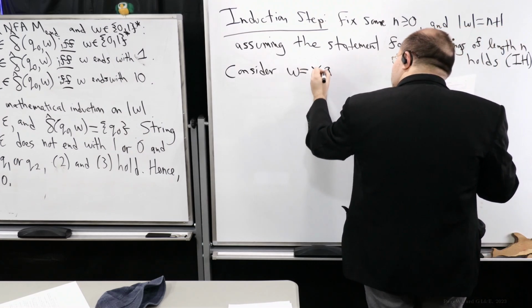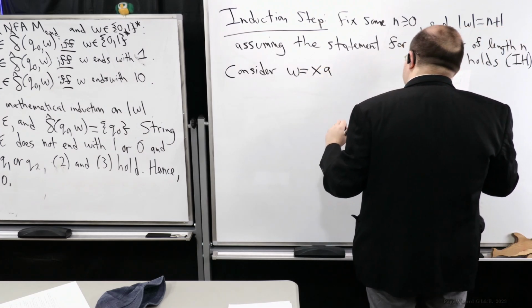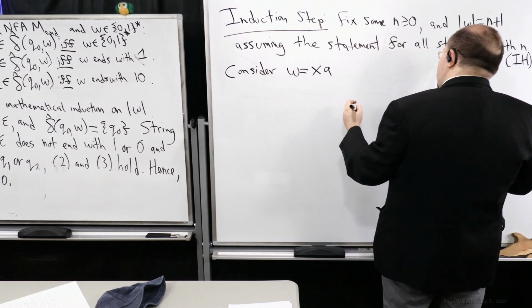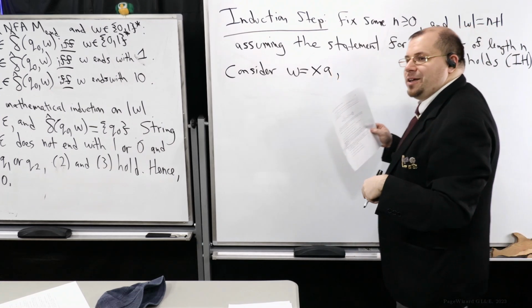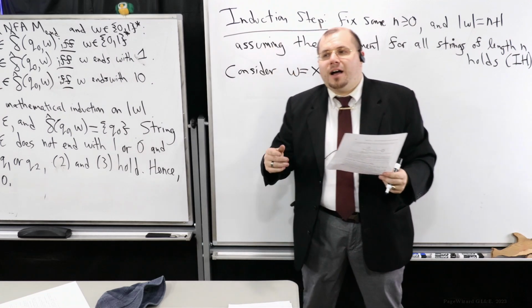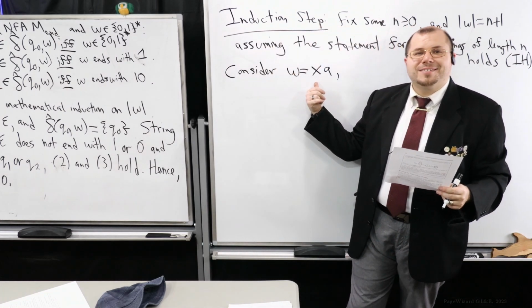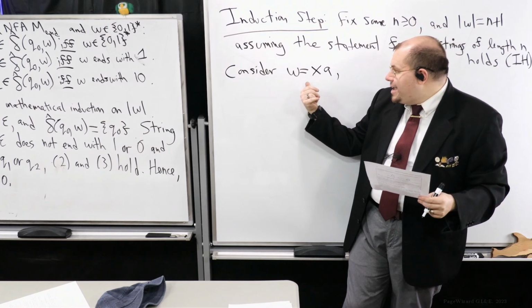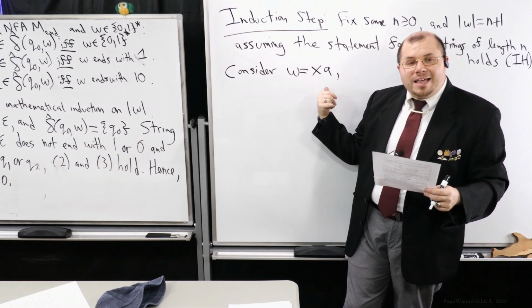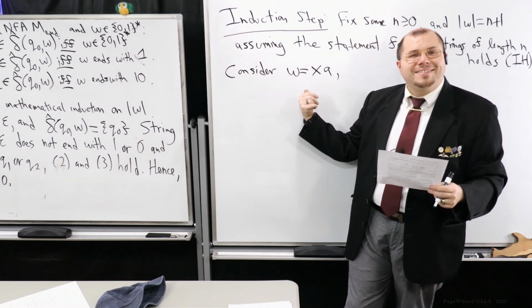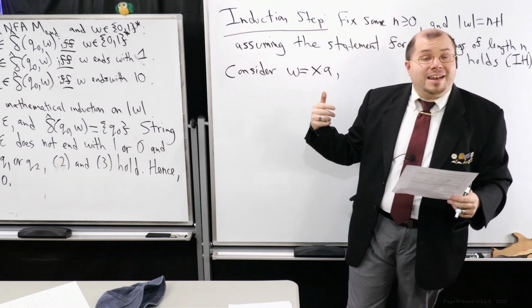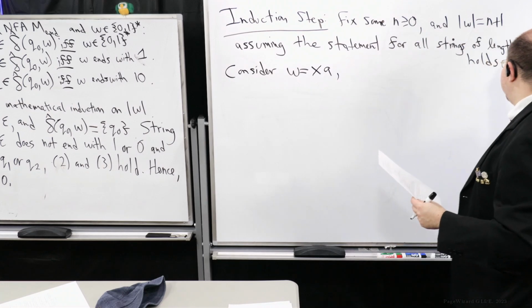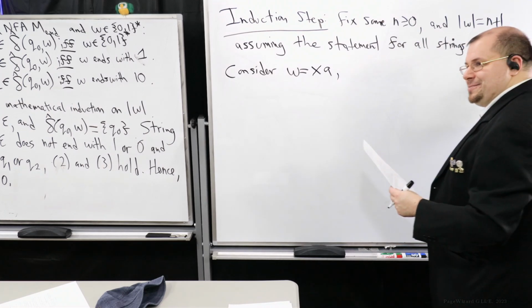So I'm going to have all of the symbols just before the last symbol. The last symbol is a. What can you say about x, by the way? What's the length of string x? If this whole thing's length is n plus 1, the length of x is what? It's n, right? So we're going to use that fact to help us here.